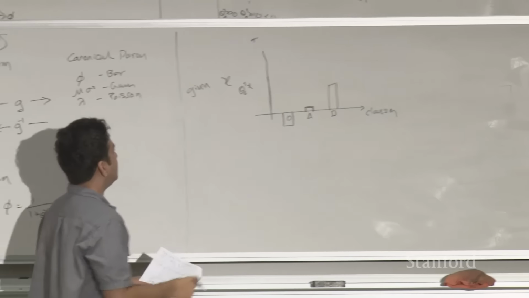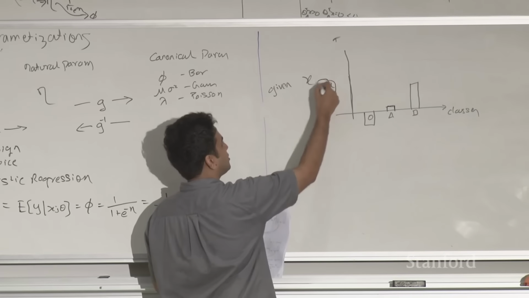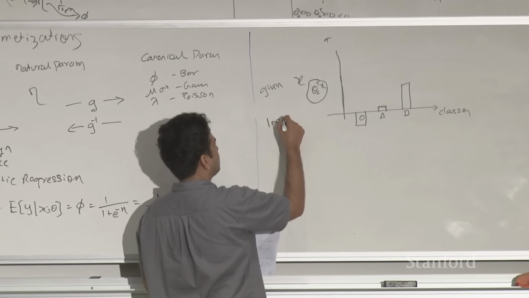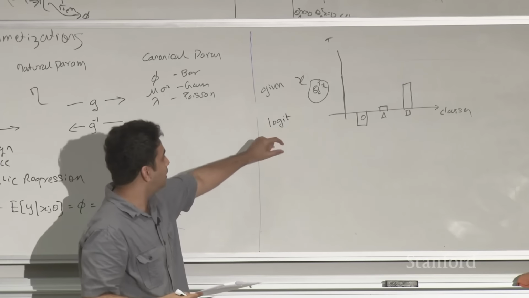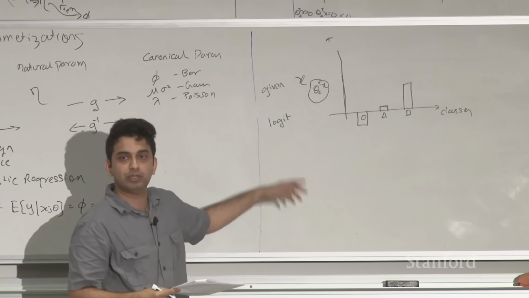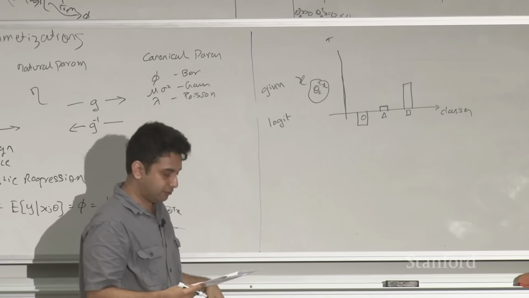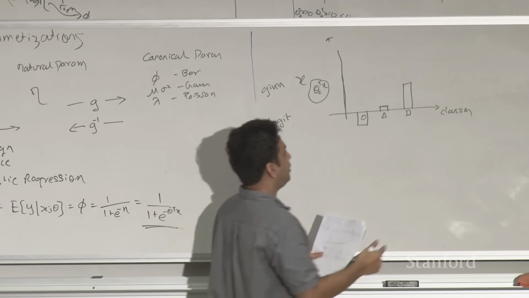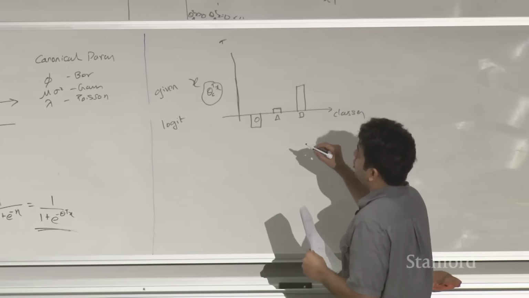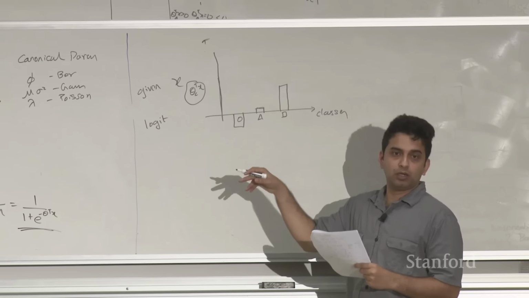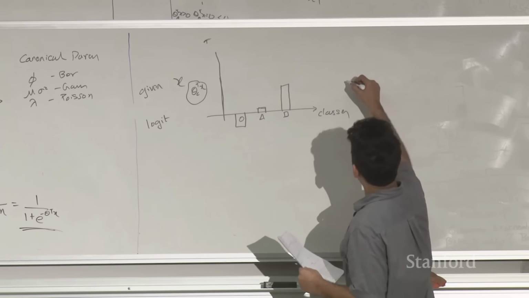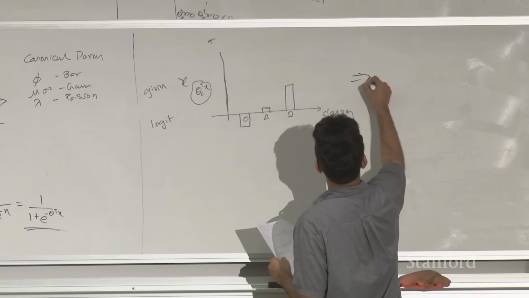Right. So this space is also called the logit space. These are real numbers. This is not a value between 0 and 1. This is between plus infinity and minus infinity. And our goal is to get a probability distribution over the classes. In order to do that, we perform a few steps.